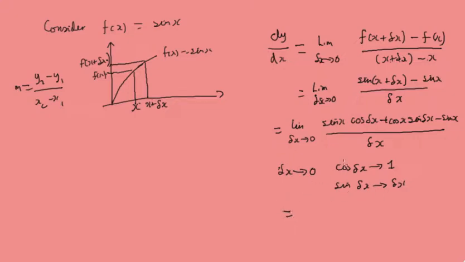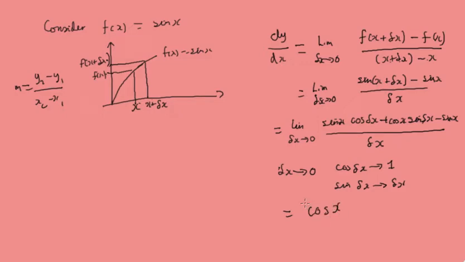So what we're going to get here is, the cosine is going to turn to 1, sine x is just sine x, and that minus sine x, they'll cancel, and then we'll get a cosine, and this sine dx will change to dx and cancel this dx, so we're just going to end up with cosine x.